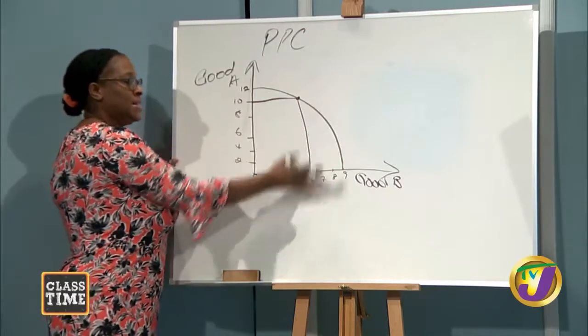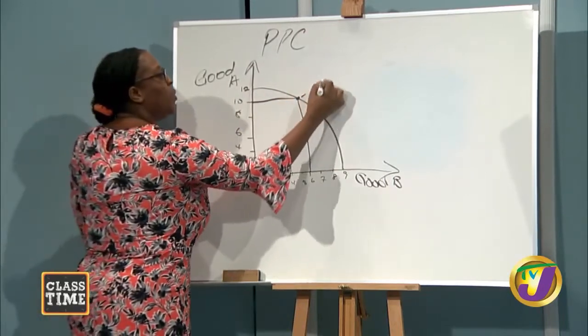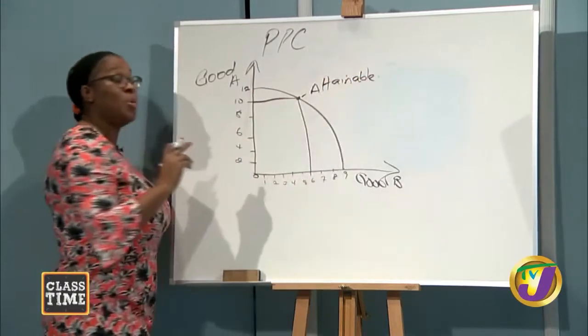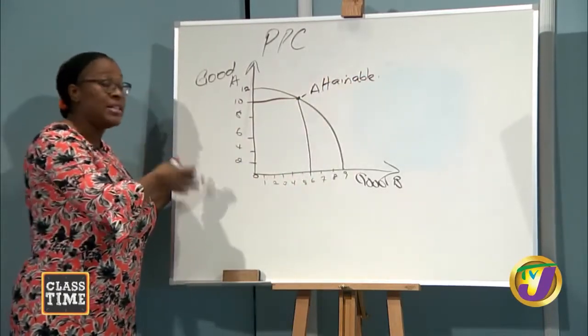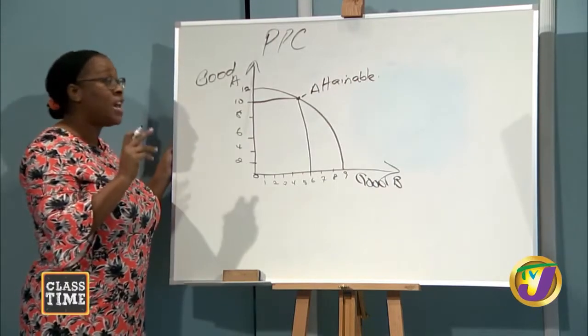Now, this situation here is what we'll call an attainable point. This combination, the society can produce given the resources that are available.